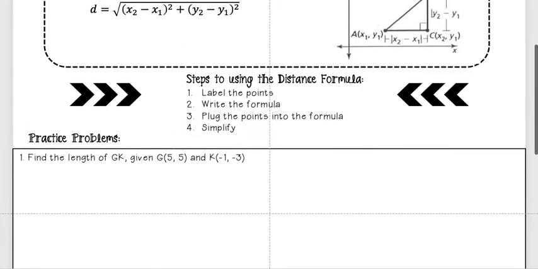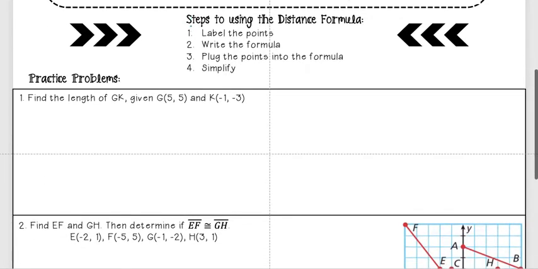I'm labeling these x1, y1, x2, y2, just like what we did for the midpoint formula. Okay, next I'm going to go ahead and write the formula.